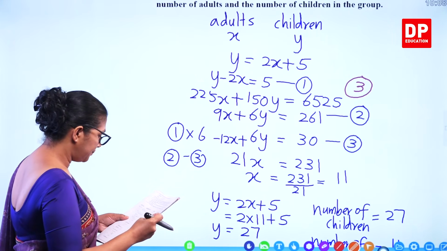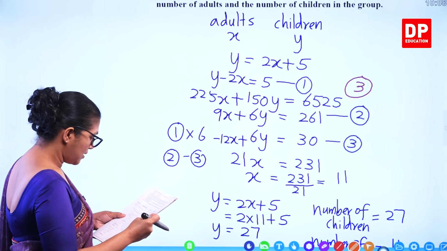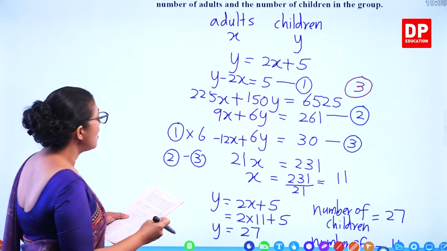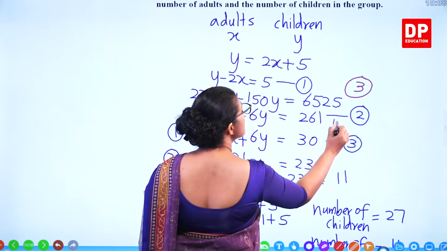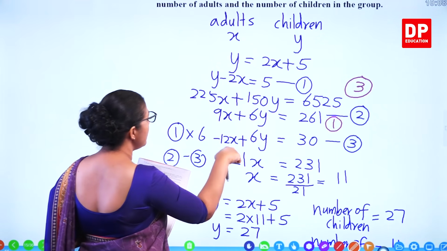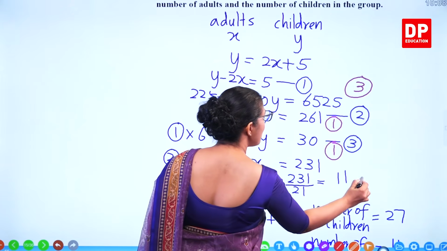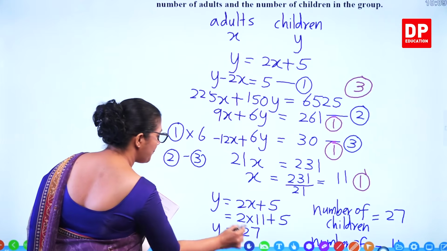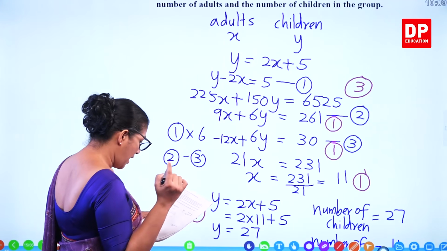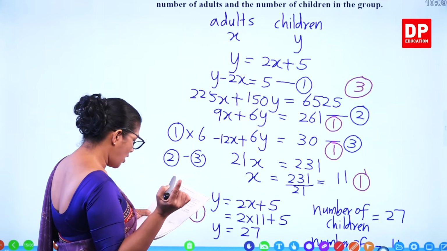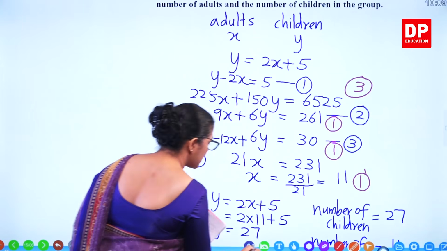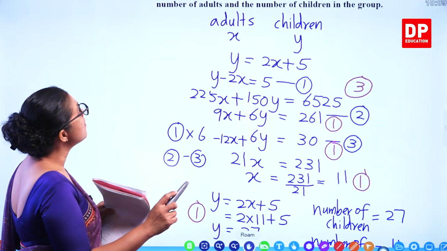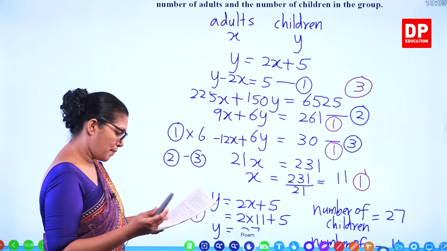And then solving, finding x, you get 3 marks. That means making the coefficient equal and then add or subtract, 1 mark, and finding x another 1 mark. So 3 marks, and finding y 1 mark. And this time you are not getting another mark for writing down this. So here 1, 2, 3, 4, 5, 6, 7 marks for this part.